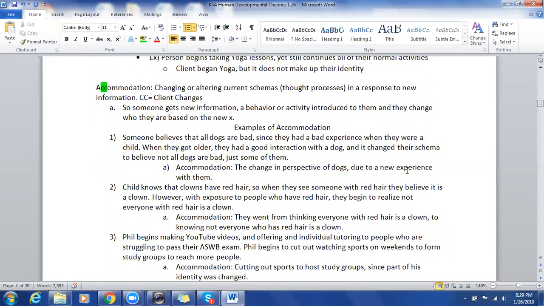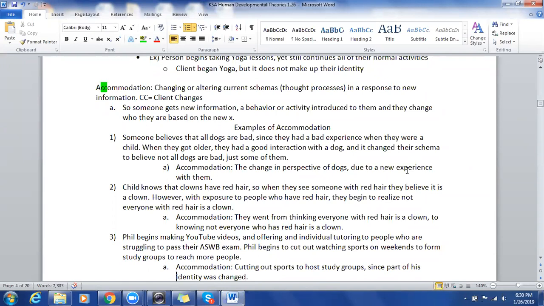Someone believes that all dogs are bad since they had a bad experience when they were a child. When they get older, they had a good interaction with a dog and it changed their schema to believe not all dogs are bad, just some of them. The accommodation factor here is the change in perspective of the dogs due to a new experience. The second one, child knows that clowns have red hair. So when they see someone with red hair, they believe it is a clown.